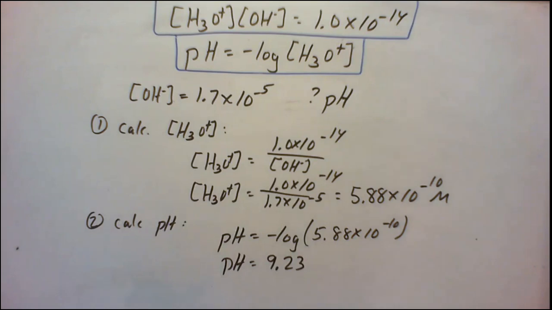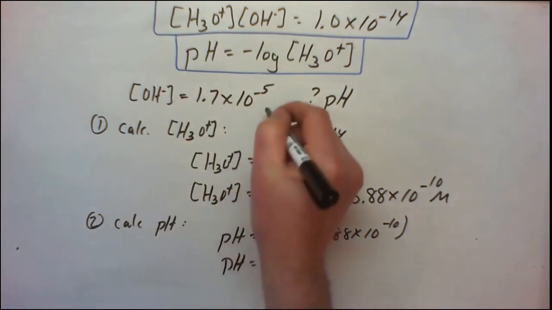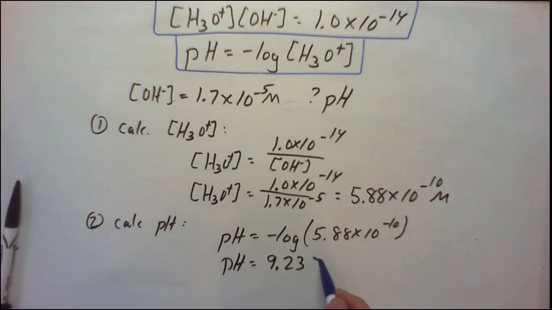So that's our pH of a solution where the hydroxide concentration is 1.7 times 10 to the minus 5 molar. Because this pH value is greater than 7, we have to conclude that this is a basic solution. So you would have properties that more closely resemble what you expect for a base or an alkaline substance.